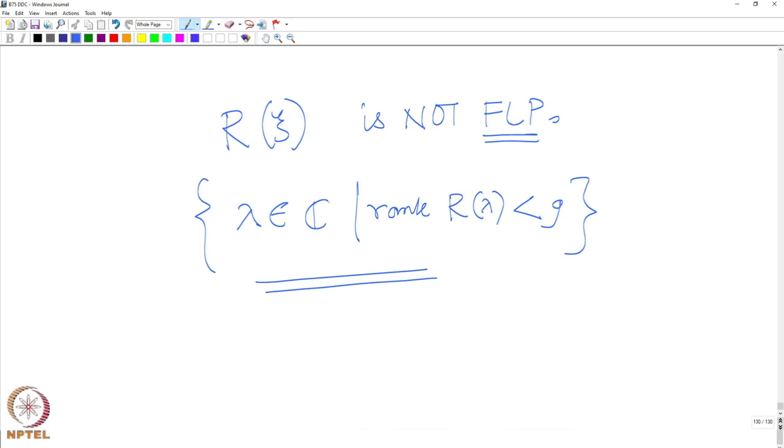So, these controls will never be able to shift these modes, they will continue to be there in the control system no matter what controller you put. So, these adamant modes are then understandably called uncontrollable modes.